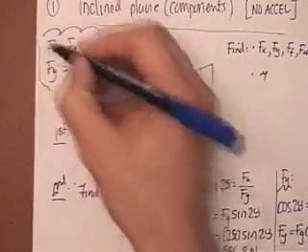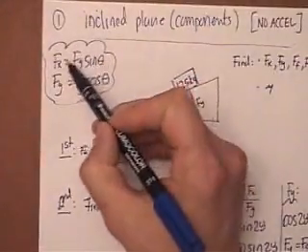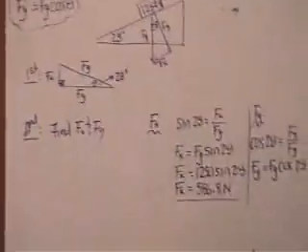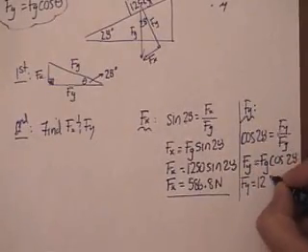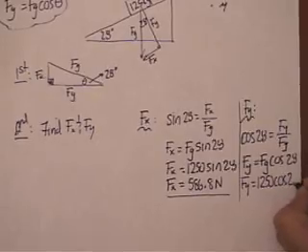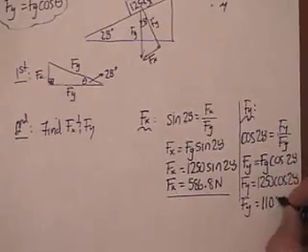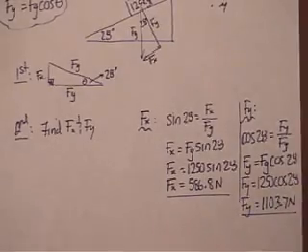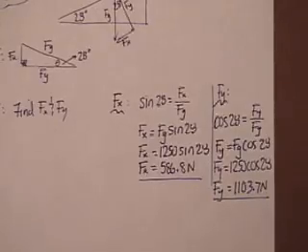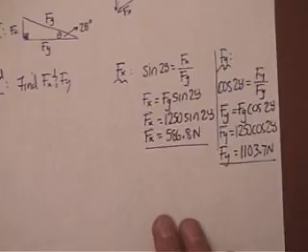That is your short form. You don't have to do any right triangles. Just remember that for inclined plane, sine is against x and cosine is against y, and you're fine. So Fy is 1250 cosine of 28, which means your Fy will be 1103.7 newtons. There. So there's your two components.